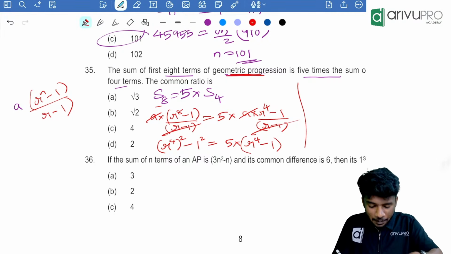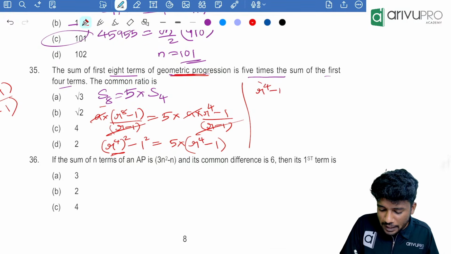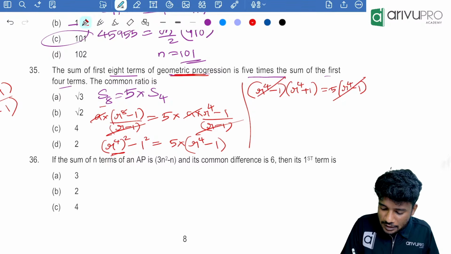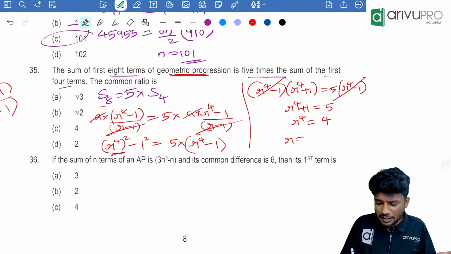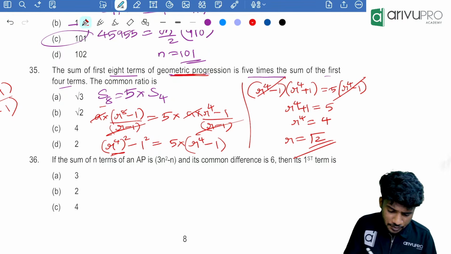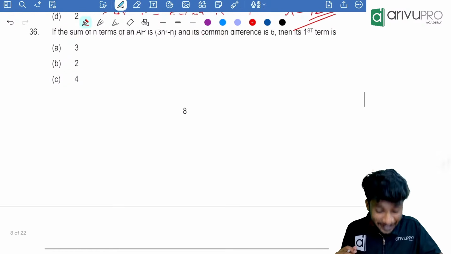A minus B into A plus B. So I will write this left hand side as R raised to 4 minus 1 into R raised to 4 plus 1, which is equal to 5 into R raised to 4 minus 1. Cancel. Then R raised to 4 plus 1 is equal to 5. R raised to 4 is equal to 4. From that I can write it as R is nothing but what? The root of 2. Correct? Yes. Which option is the answer? Common ratio. Option B is the answer. Very good question. Very easy answer.